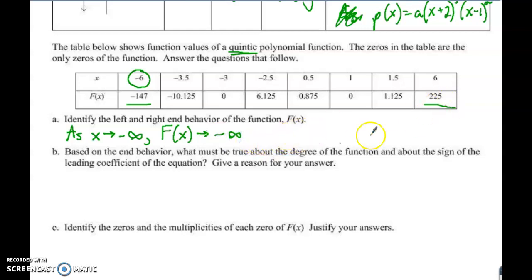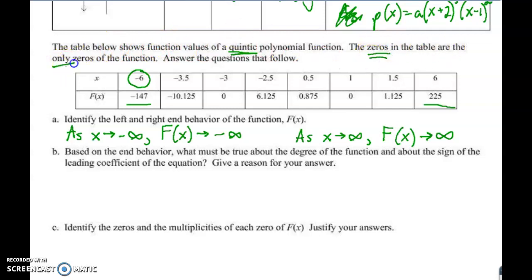And then the same thing for the right end behavior. As x goes infinitely to the right, again, I would agree that 6 is not a very large positive number, but it's clear we're going to positive infinity to the right.